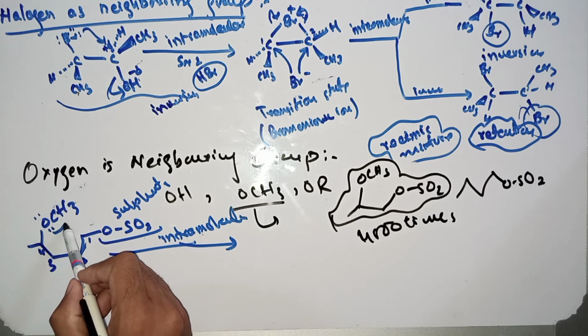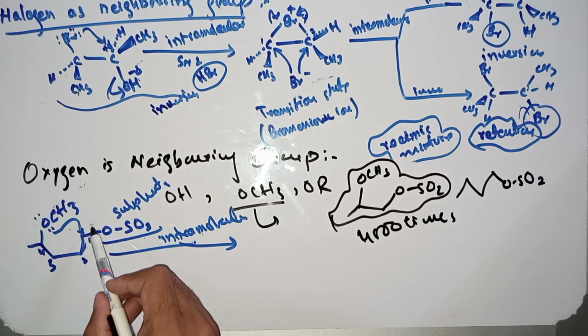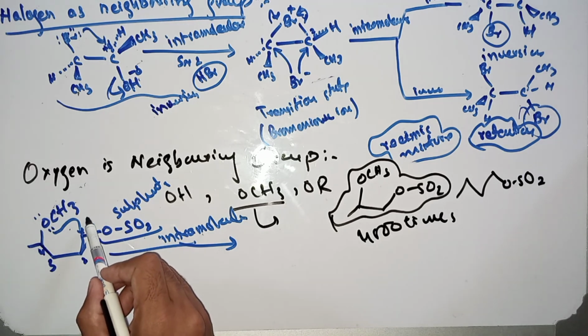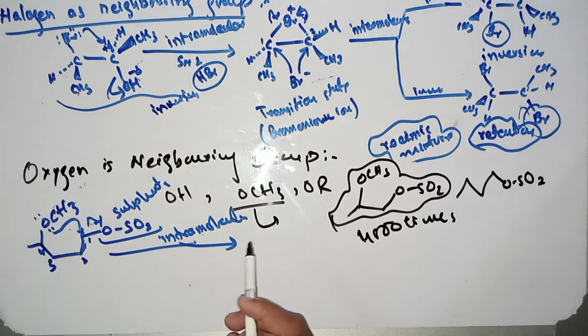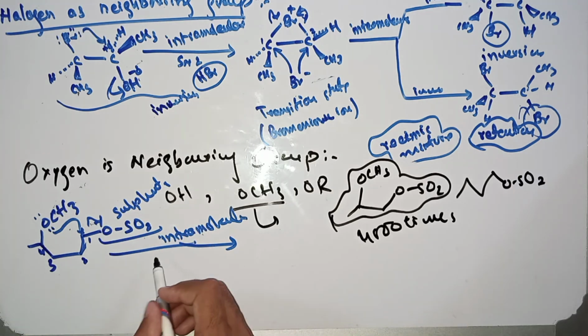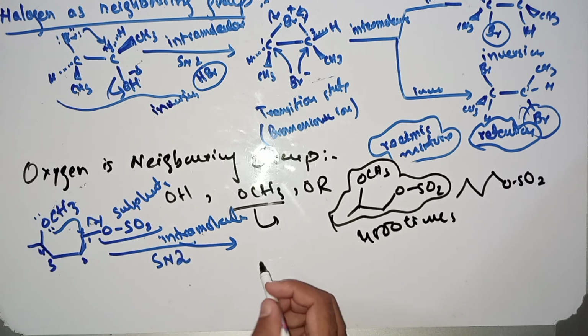This lone pair will act as a nucleophile, an internal nucleophile, so the sulfonate group will be removed from the system and a cyclic transition state will be generated, and the process will pass through an SN2 mechanism. It will follow the SN2 pathway.